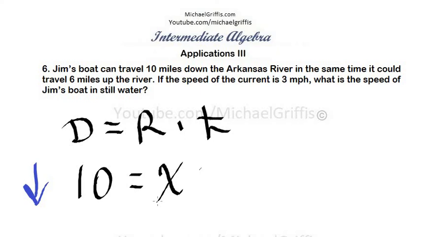But we know that the rate in still water plus 3 miles per hour, because that's the rate of the current, times T. We don't know anything about T other than he can travel 10 miles down. At the same time, he can travel 6 miles up the river.